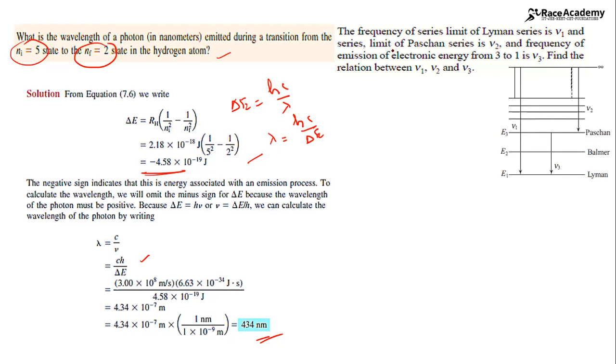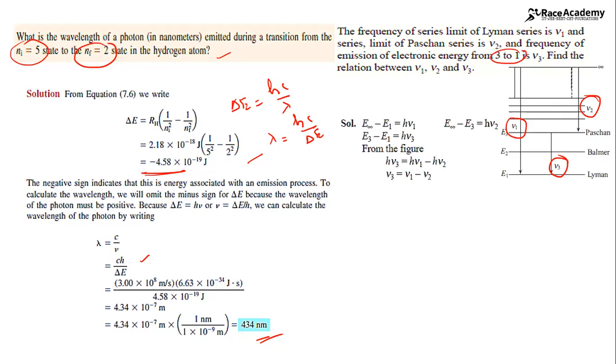V1 is the Lyman series limit, V2 is the Paschen series limit, and V3 is the transition from 3 to 1, in the Lyman series.